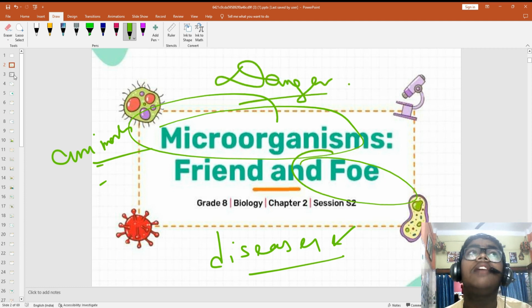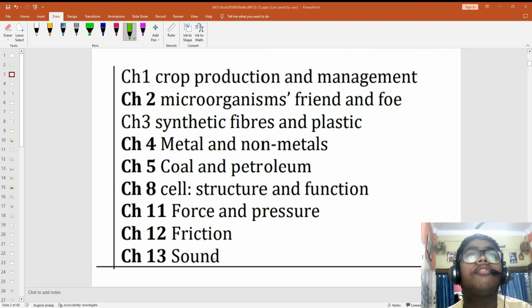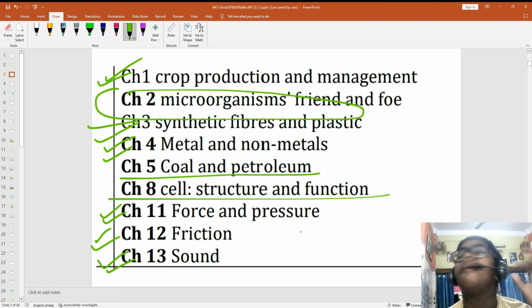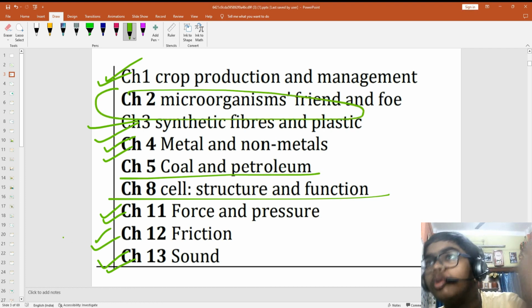So now let's see what chapters we have completed. Every day we have to see this chart. We have completed crop production, synthetic fiber, metal, non-metal, force and pressure, friction, and sound. So cell, coal and petroleum is left. Microorganism I will be completing in one more class.